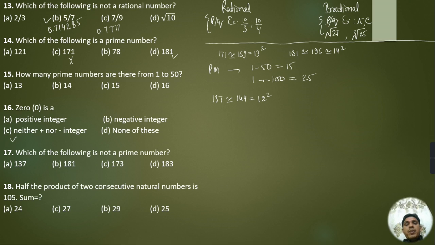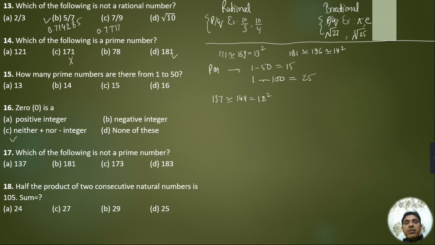If we check for the prime numbers, 3 no, 5 no, 7 no, 9 no, 11 no. That means this is a prime number, but here we have to find which is not a prime number.